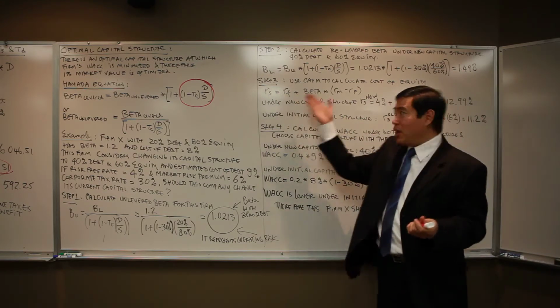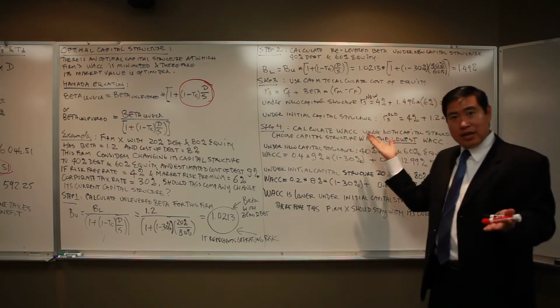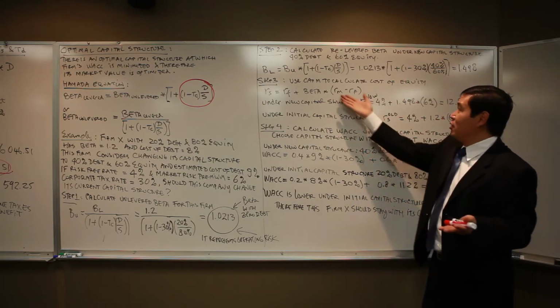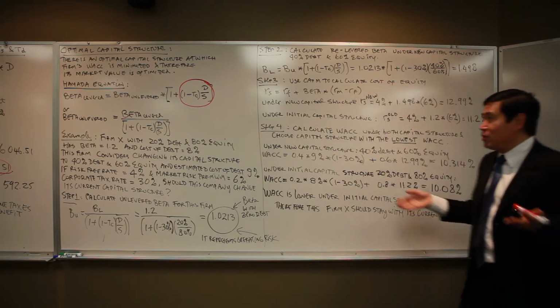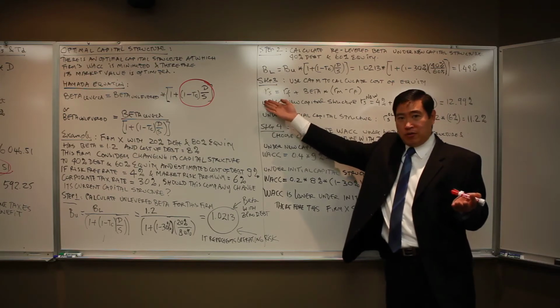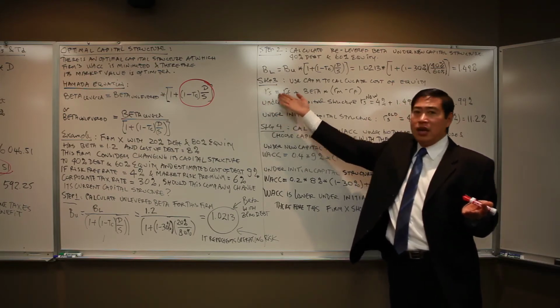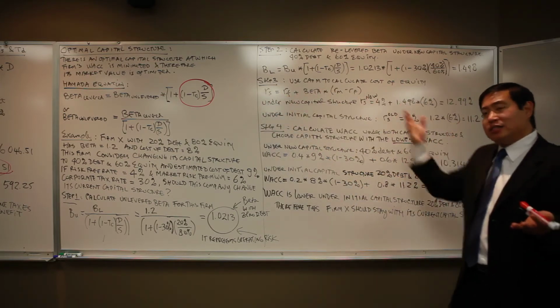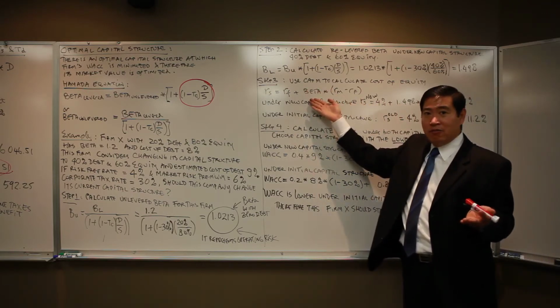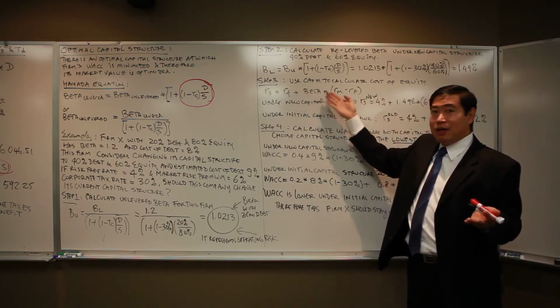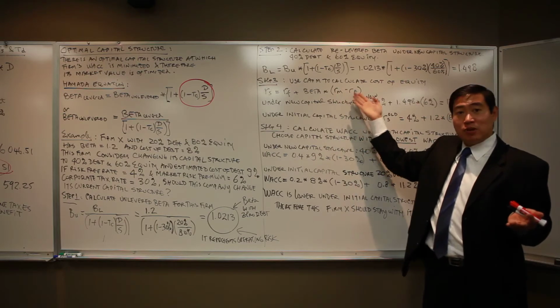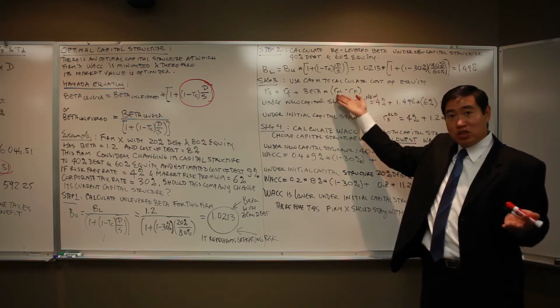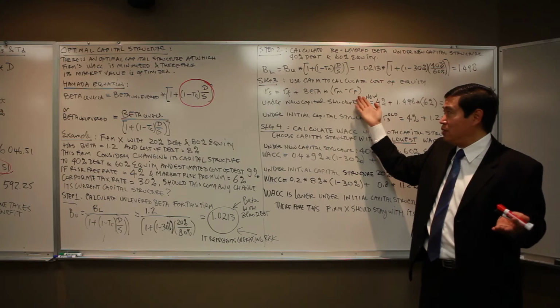And then step 3, we apply CAPM, the capital asset pricing model that we have learned, right? The capital asset pricing model says that the required return for the stock investment is equal to the risk-free rate plus the levered beta for this stock times the market risk premium, or market return minus risk-free. That's the market risk premium, right?